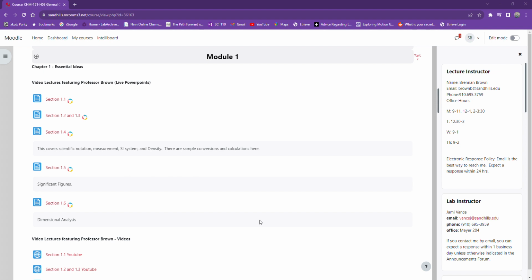And I provide them this way because that is the most up-to-date version of the file that I have. It's actually serving you my PowerPoints from the Sandhill server. So anytime I make any changes or tweak something, reword something, you have that note live.